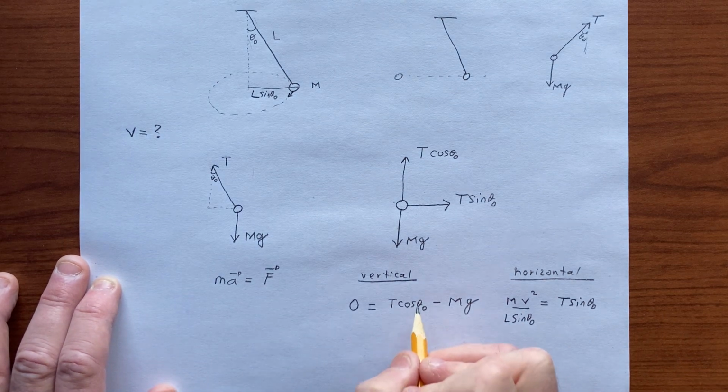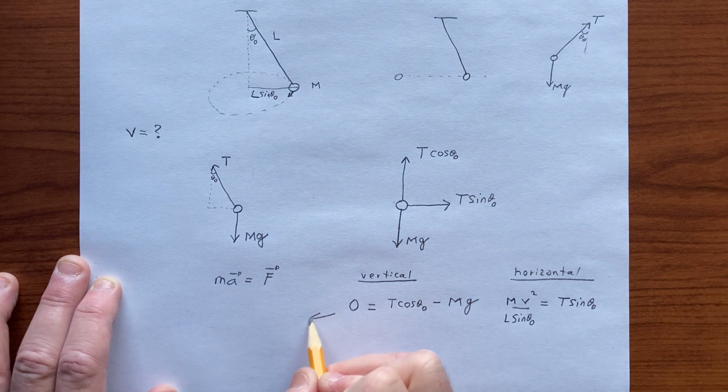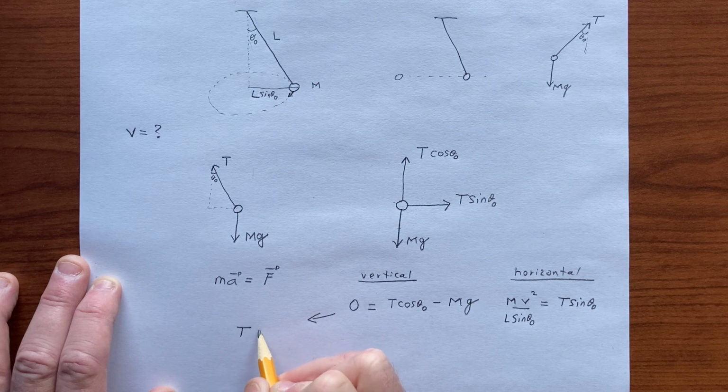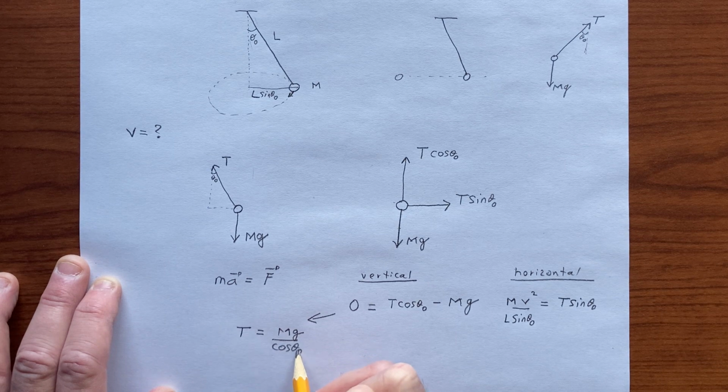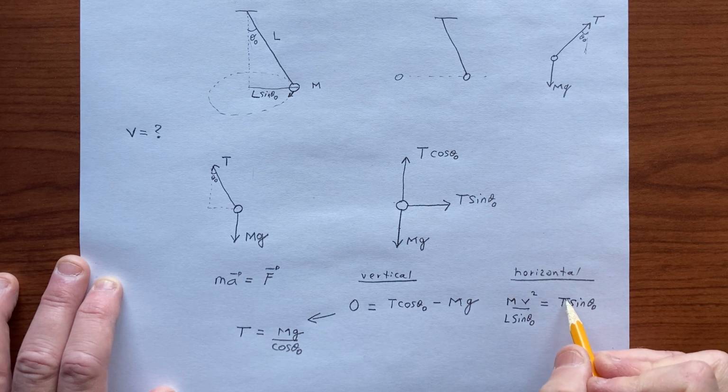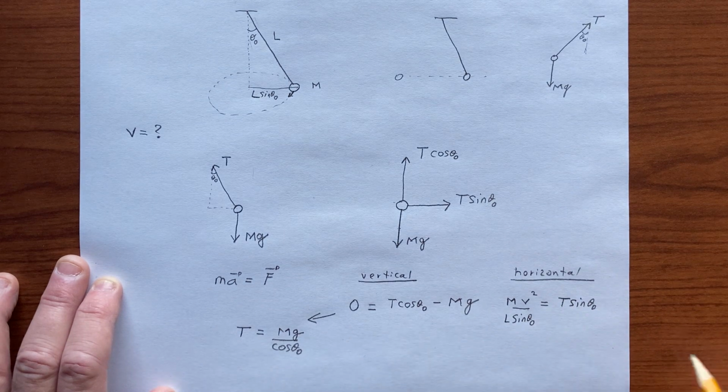And so this equation will give us the tension. So this one will give us T is equal to mg over the cosine of theta naught. And then we can replace this T with known values, and we can solve for v.